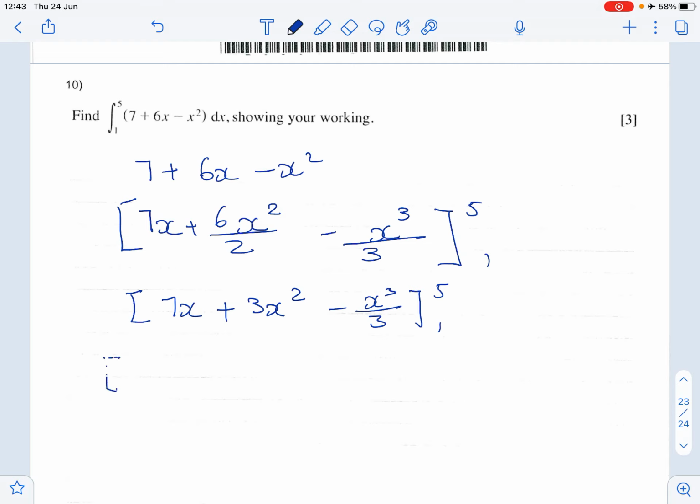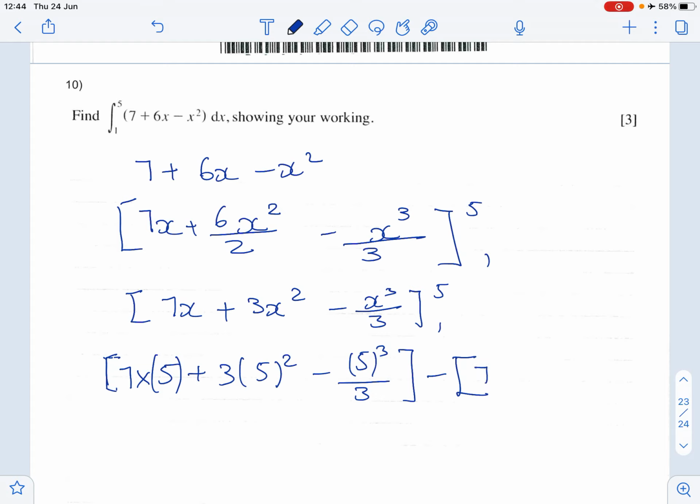So we have 7 multiplied by 5 plus 3 times 5 squared minus 5 cubed over 3, minus the value at 1: 7 multiplied by 1, which is 7, plus 3 times 1 squared, minus 1 cubed over 3.